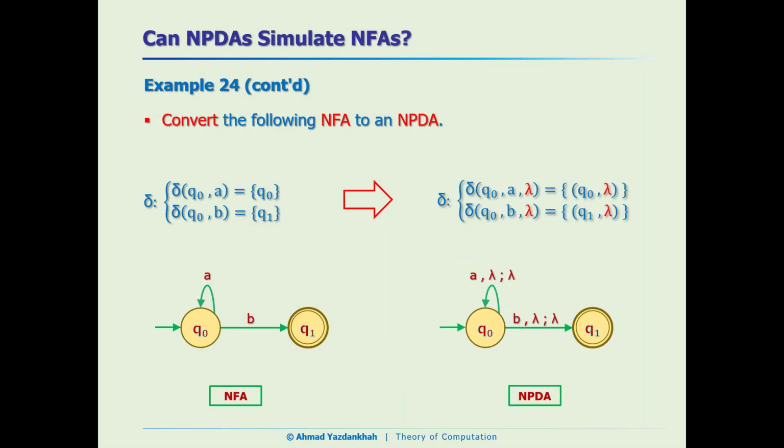So look at this delta on the left side and this one. If I just add a comma lambda to this one, and put this in an ordered pair and add a comma lambda here, it will be converted to this machine, right?